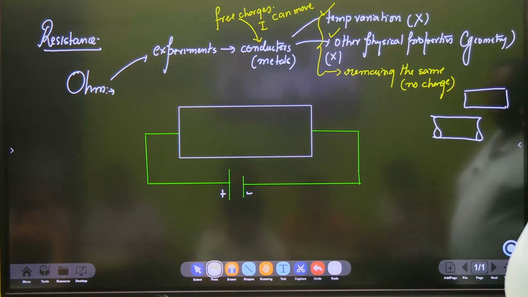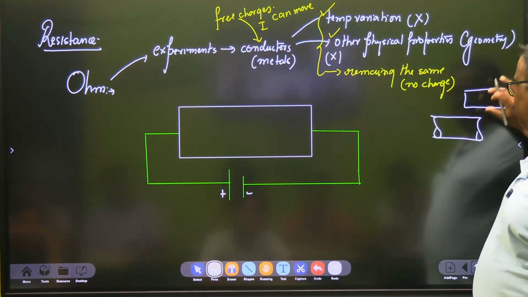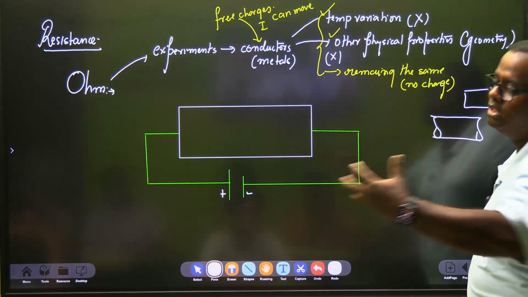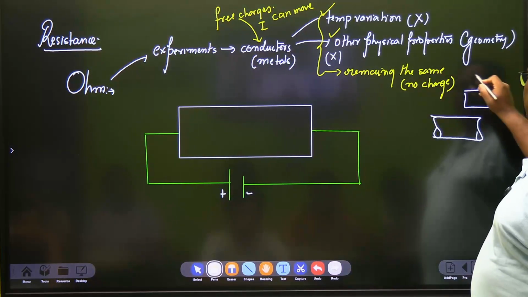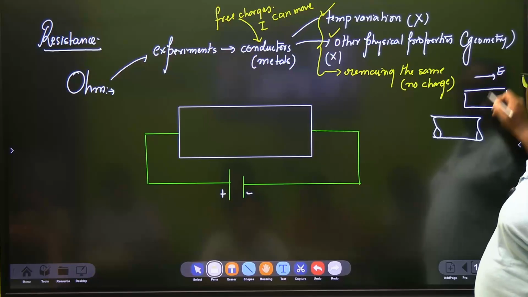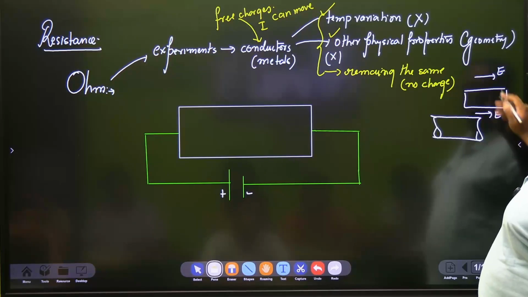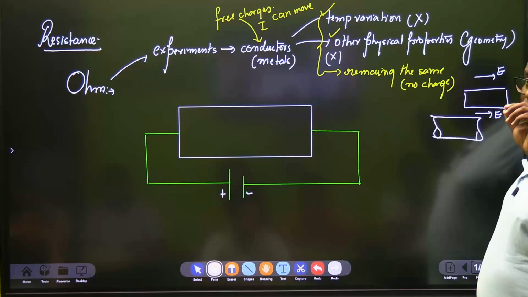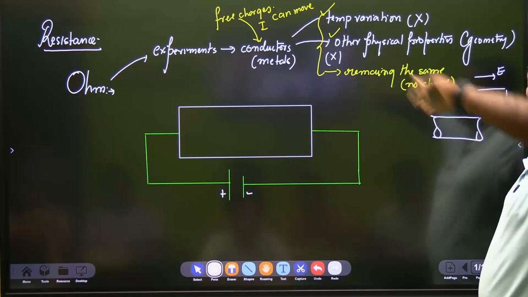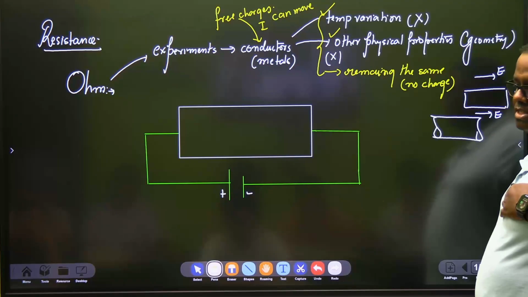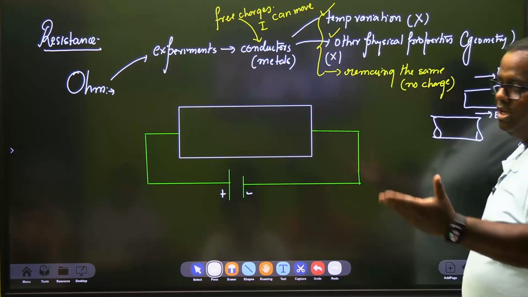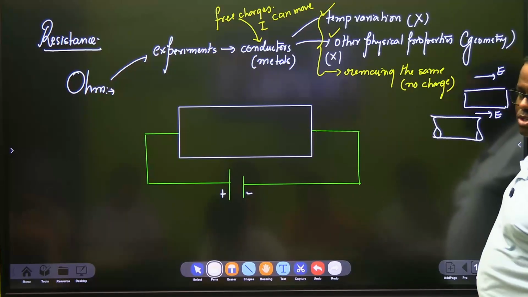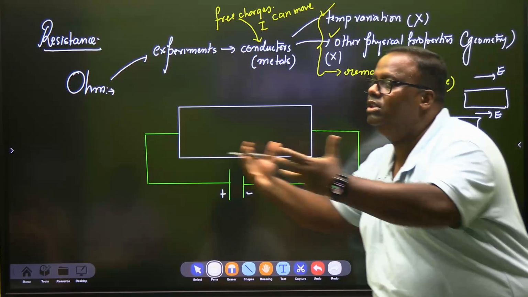Whenever you subject these two to an electric field, like a gravitational field where a body is attracted, a charge carrier will experience a force. Though the word electric field is not in your syllabus, in an electric field anybody who has charge will experience a force, just as in a gravitational field anybody who has mass does, and they will try to move along the direction of the field.